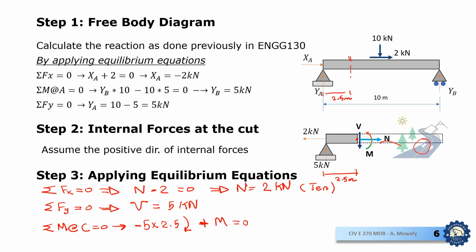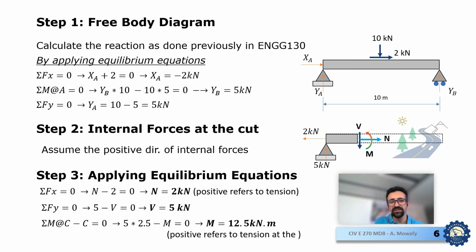This will equal 0. And by doing the math, we find that M will equal 12.5 kilonewton meter, and it's positive, which means that the tension will take place at the bottom of the beam as we said previously. And here are the steps provided to you without my handwriting if you don't like it.